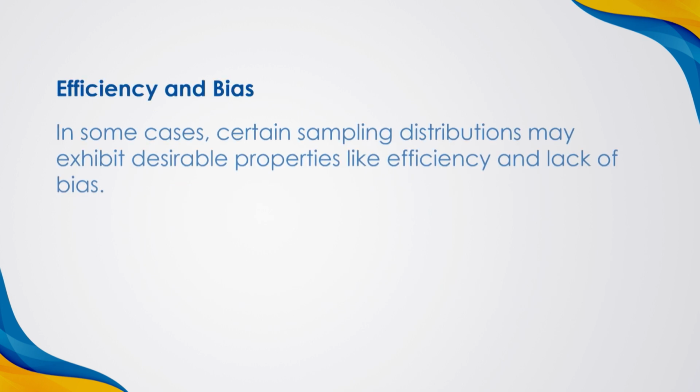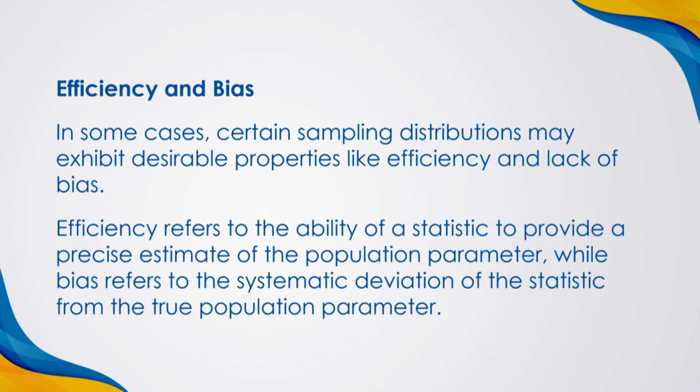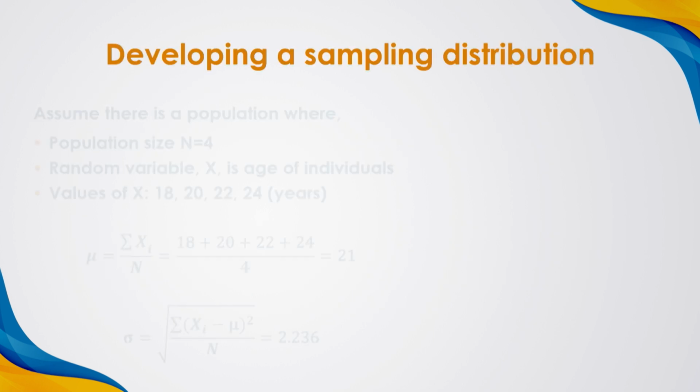Efficiency and bias: in some cases, certain sampling distributions may exhibit desirable properties like efficiency and lack of bias. Efficiency refers to the ability of a statistic to provide a precise estimate of the population parameter, while bias refers to the systematic deviation of the statistic from the true population parameter.